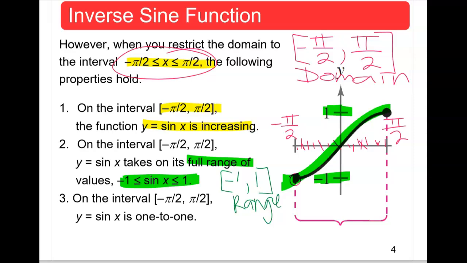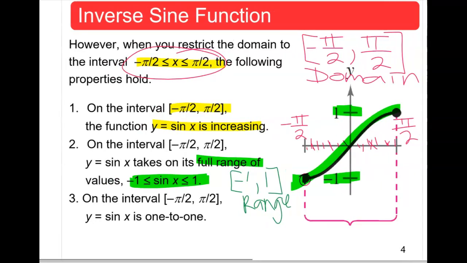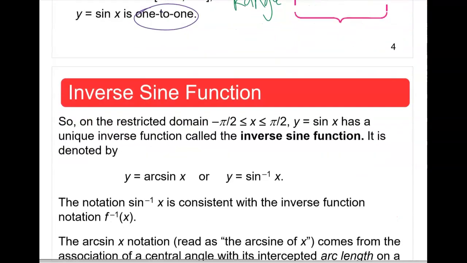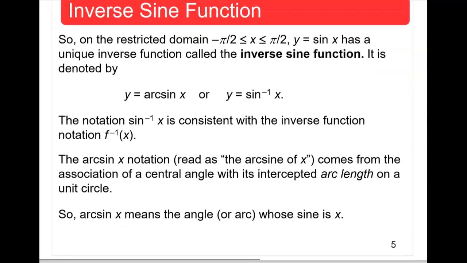On that interval, as we said before, we could guarantee that the function is a one-to-one function. So on that restricted domain, from negative pi over 2 to pi over 2, we have an inequality that you could read from the middle to the left.